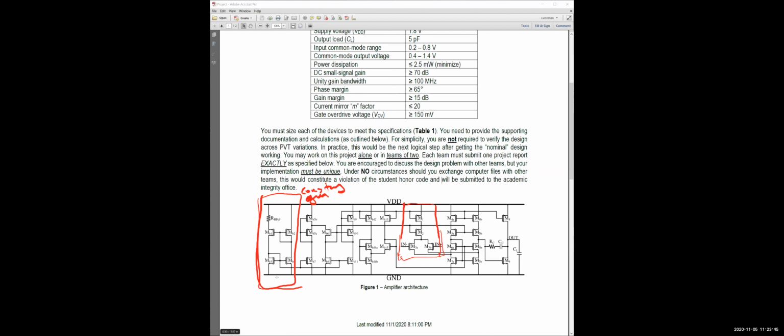Differential amplifier. Yeah, this is a differential pair. All right, what is this? Cascode. Inverter. Close. This is a common source.